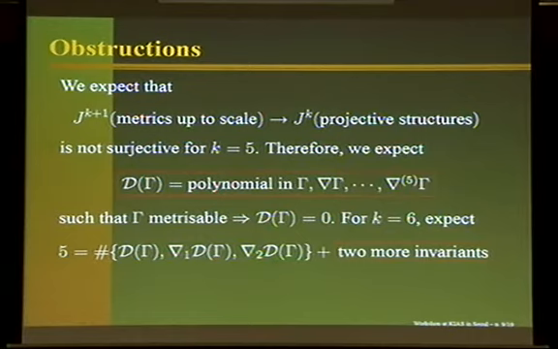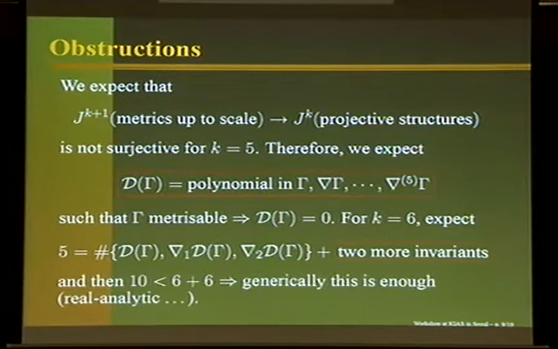So you've already got maybe 3 invariants coming from the one you knew about and its 2 derivatives, and so perhaps you expect 2 more invariants. And this is in fact exactly what happens. You now expect at 6th order 2 more invariants to pop out that you hadn't previously had.